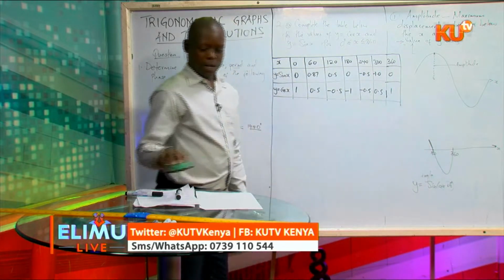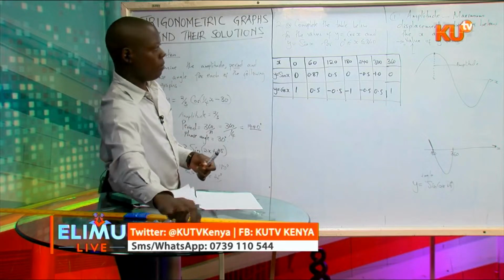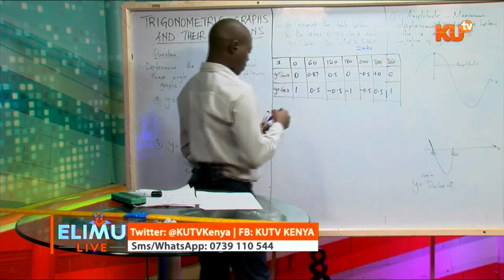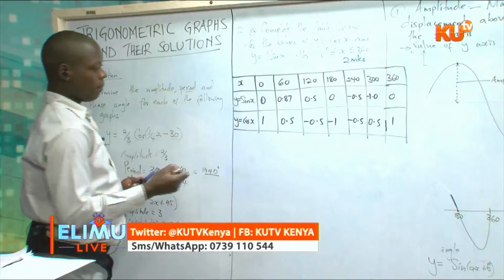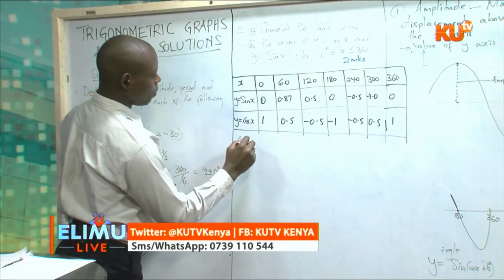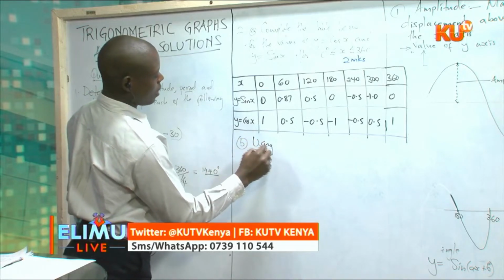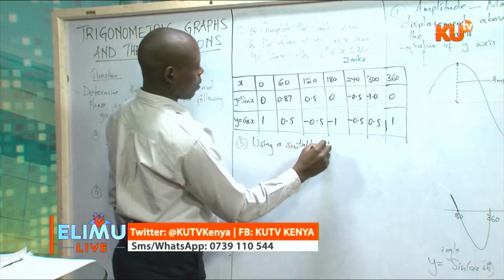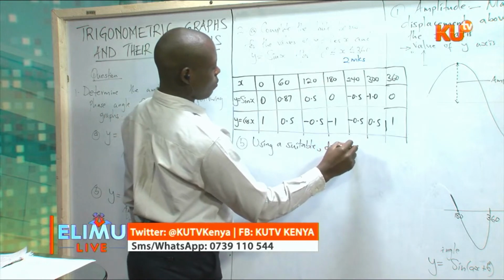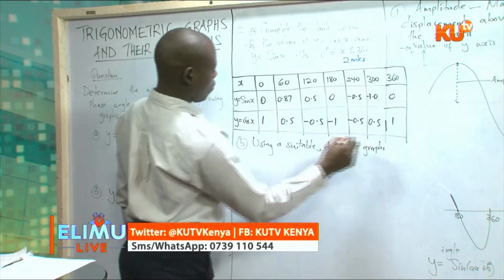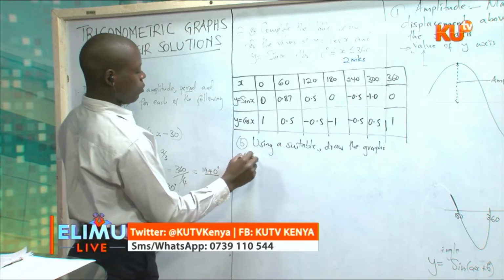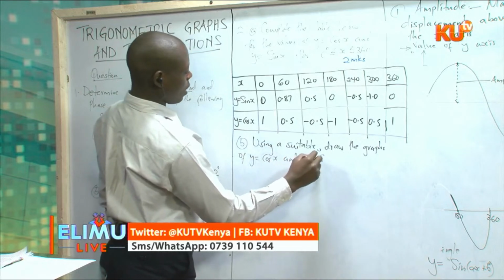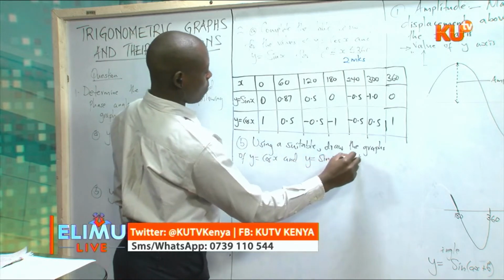Part B, and usually the question on filling the table will take 2 marks. Part B, you'll be required now, using a suitable scale, draw the graphs of y is equals to cos x and y is equals to sin x on the same axis.